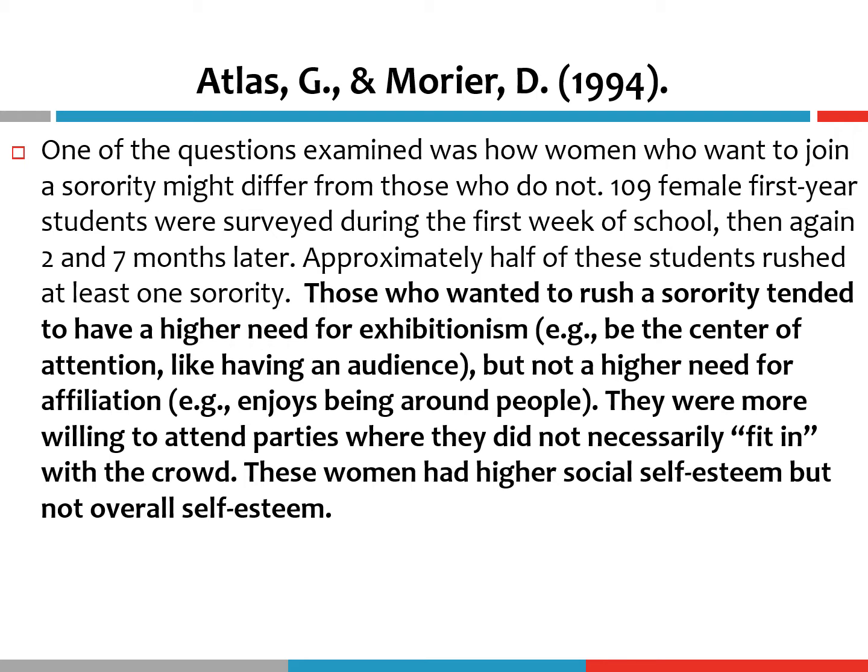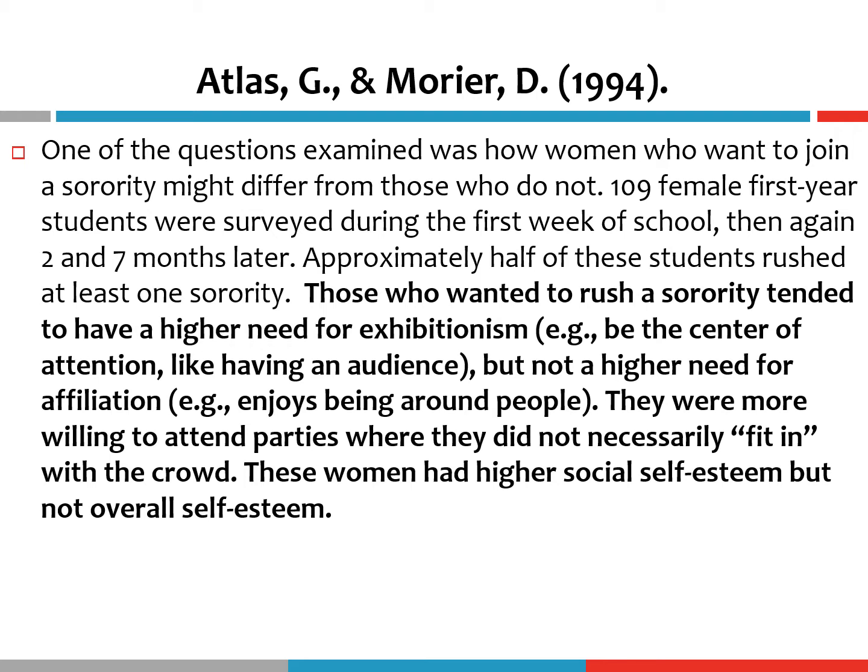So this particular paper by Atlas and Morier was interested in examining how women who want to join a sorority might differ from those that don't. Okay, so they surveyed 109 first-year students during the first week of school, and again 2, 3, and 7 months later.